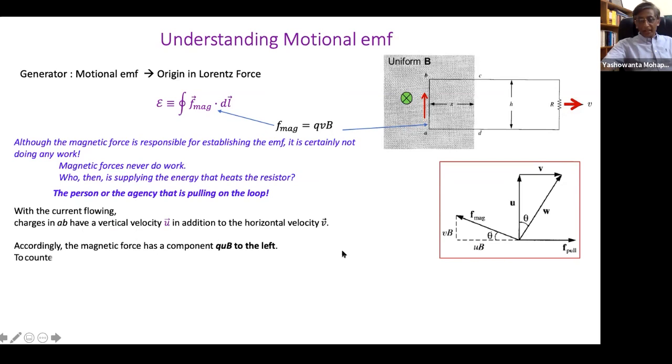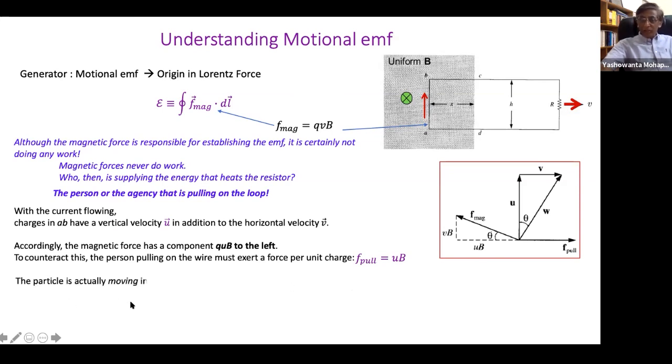To counteract this force, the person pulling on the wire must exert a force per unit charge, a pull, which must also be uv. Everything is per unit charge. And hence the particle is actually moving in the direction of the resultant, w.